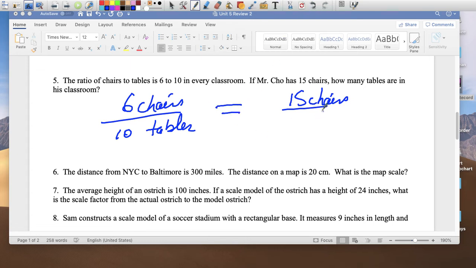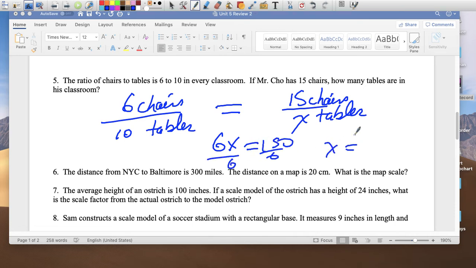I'm going to write x. Cross multiply, 6 times x is 6x, 10 times 15 is 150, divide both sides by 6, and I get some magic number. 150 divided by 6 equals 25, so I need 25 tables to maintain that proportion.